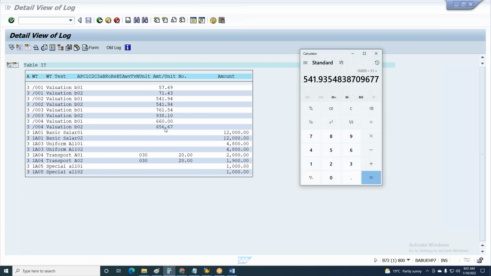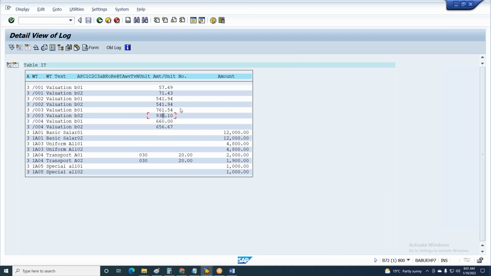You get this in both the splits, same rate. But 003 divided by 22 days, 004 divided by 30 days. See what rate you are getting. You know how to calculate these rates, compare.